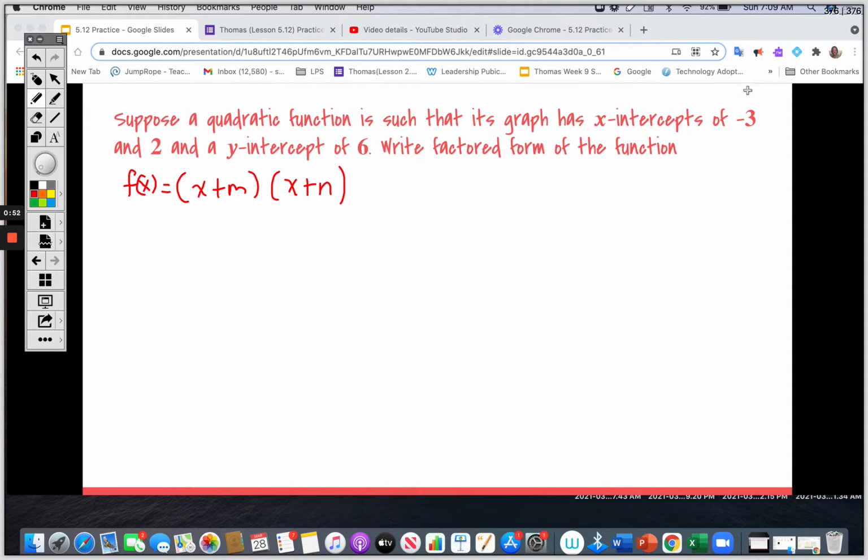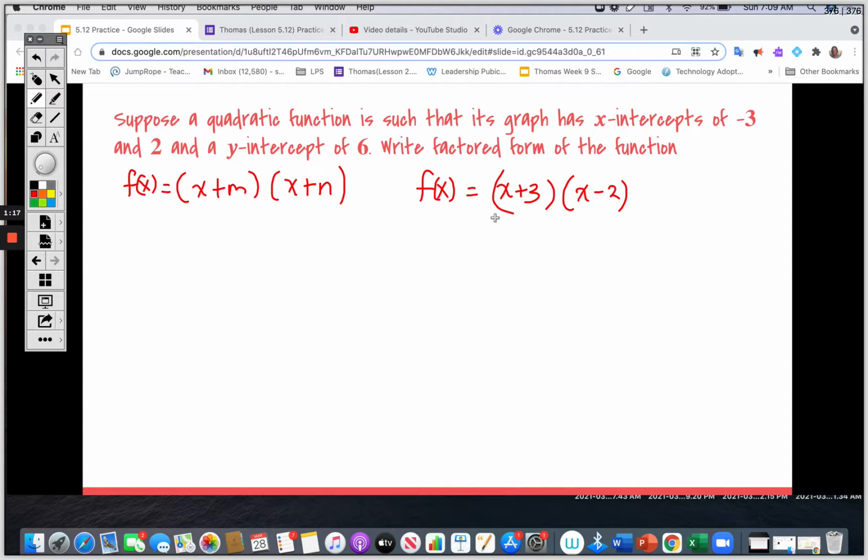So if our intercept is negative 3, then the m would have to be positive 3. So we know this is going to be x plus 3. And then if this one is 2, then the factor has to be x minus 2.